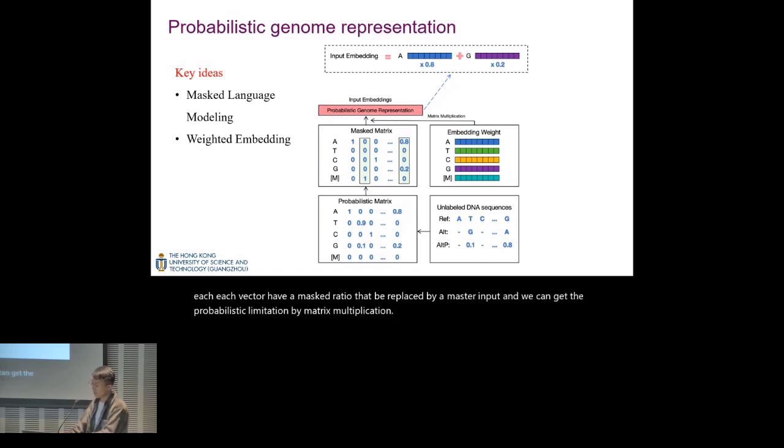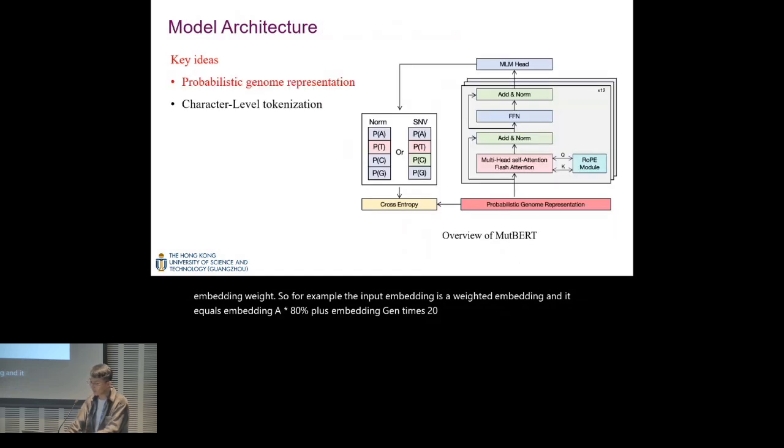In detail, we perform the matrix multiplication between the masked matrix and the embedding weights. For example, the input embedding is a weighted embedding, and it equals embedding A times 80% plus embedding G times 20%. So here is our architecture, and we named it MutBERT.